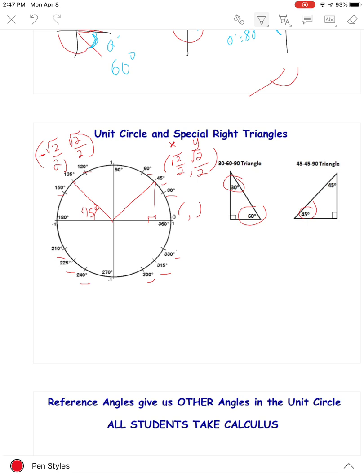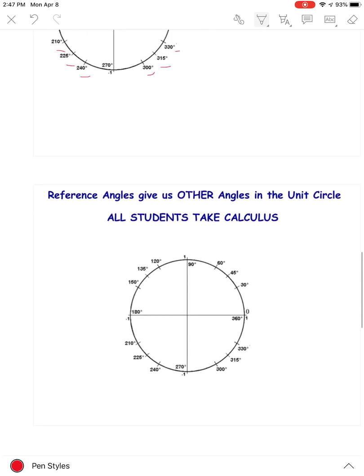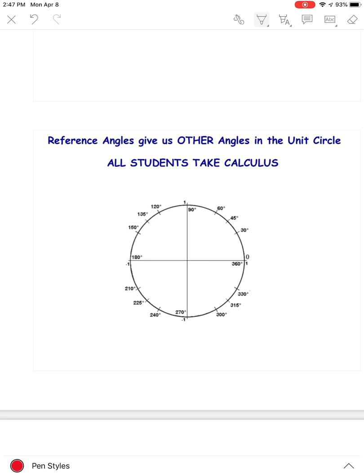Because it's pretty much the same numbers, just the signs change, I've got a little acronym to remember where all of the signs are positive. These are where all the sine, cosine, and tangent functions are positive.